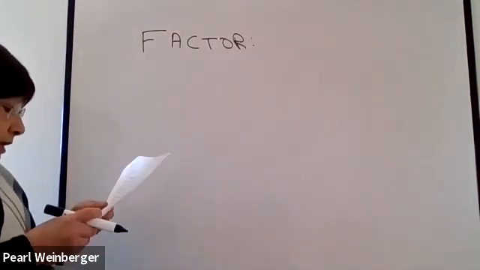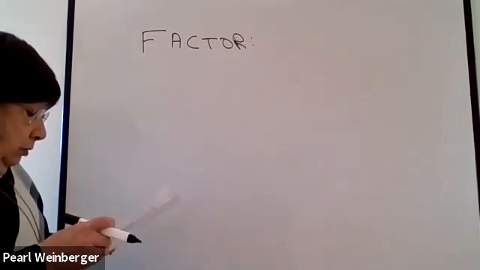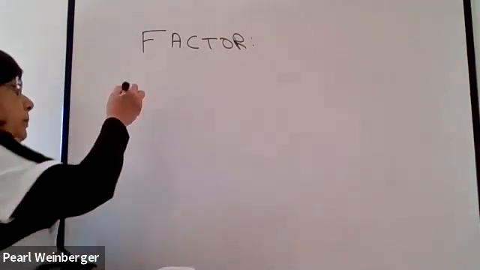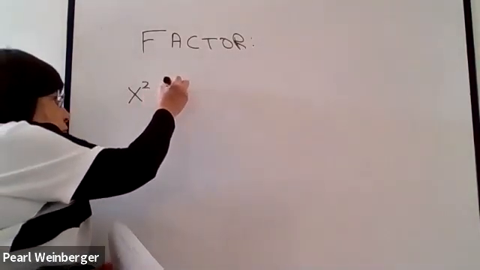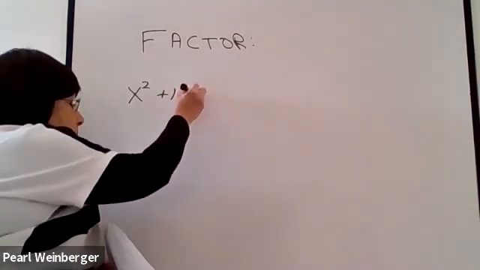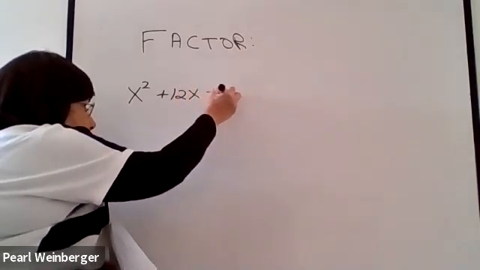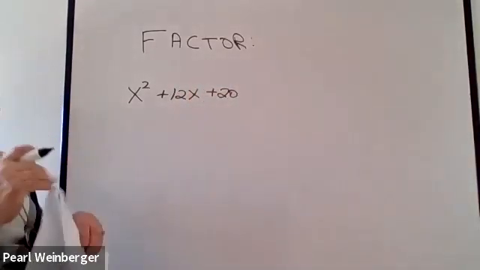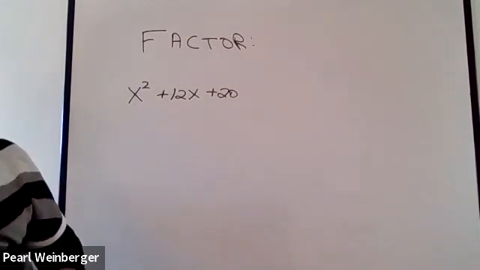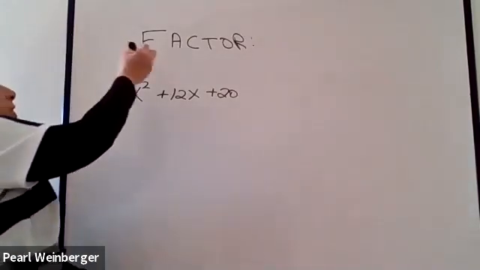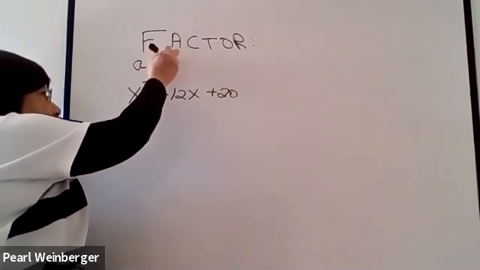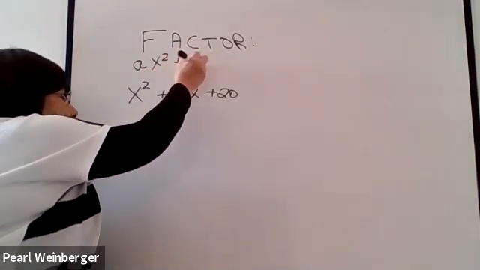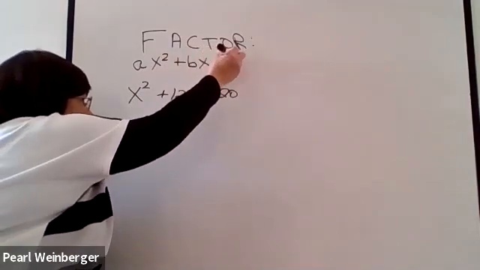So let's say I gave you something that looks like this: x squared plus 12x plus 20. The general look of a trinomial is ax squared plus bx plus c.